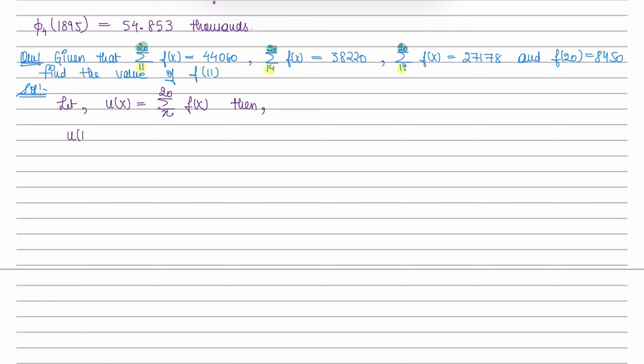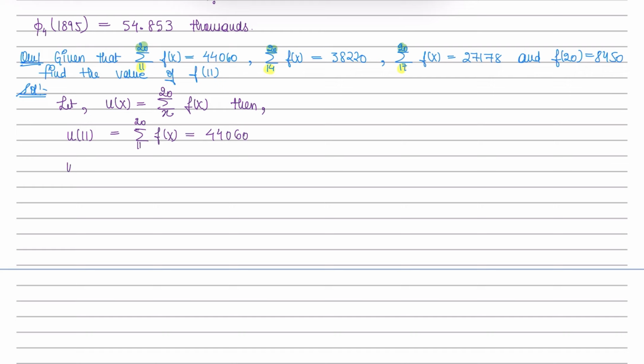If we let u of x be in this form, then u of 11 will be equal to summation 11 to 20 f of x, which is already given in the question as 44060.